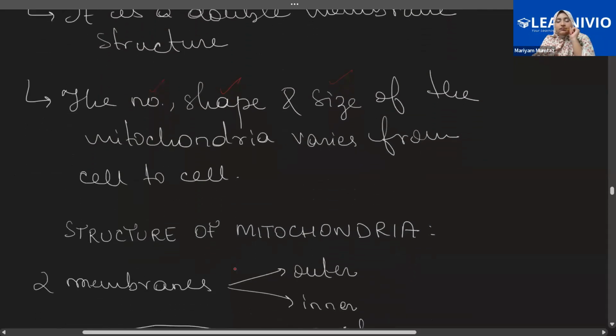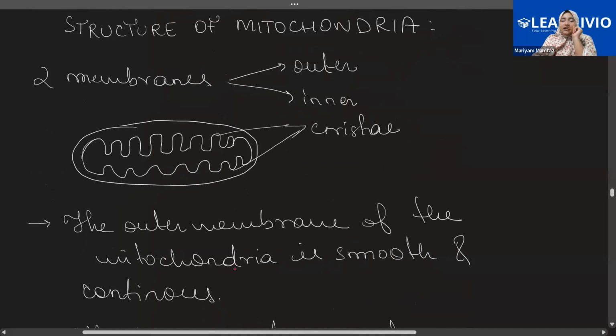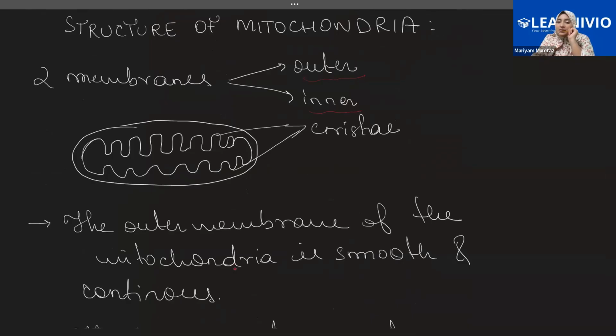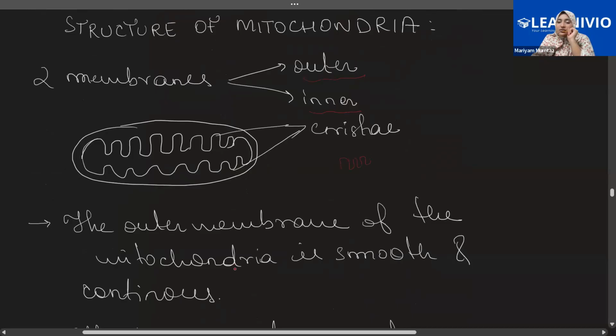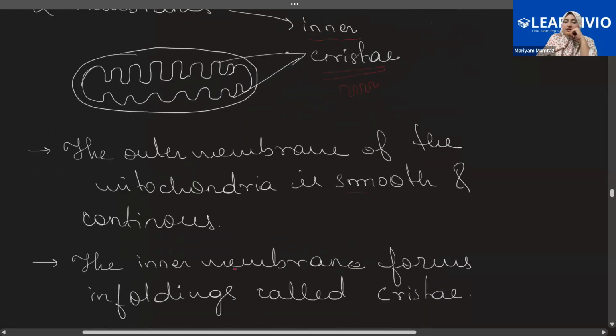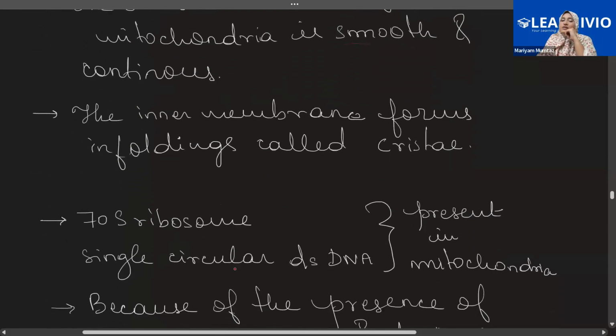Talking about the structure, there is an outer membrane and then the inner membrane. The outer membrane is smooth and continuous, whereas the inner membrane forms infoldings that are called cristae.